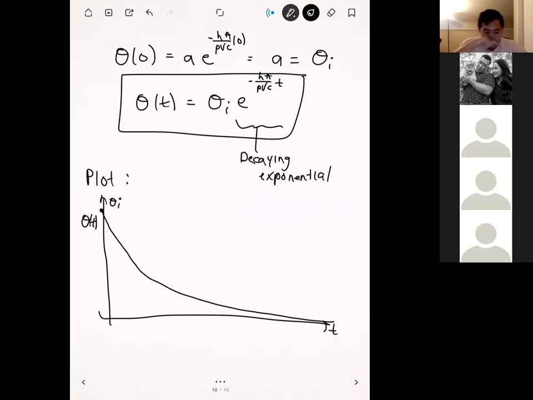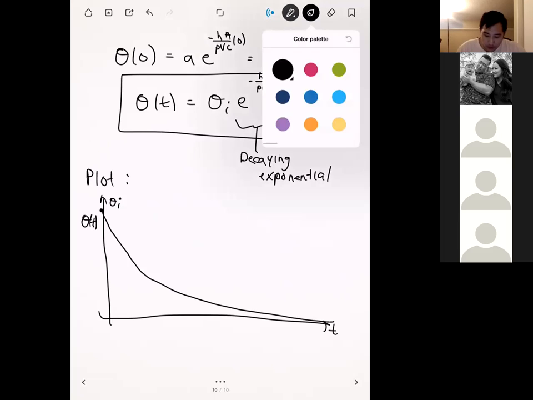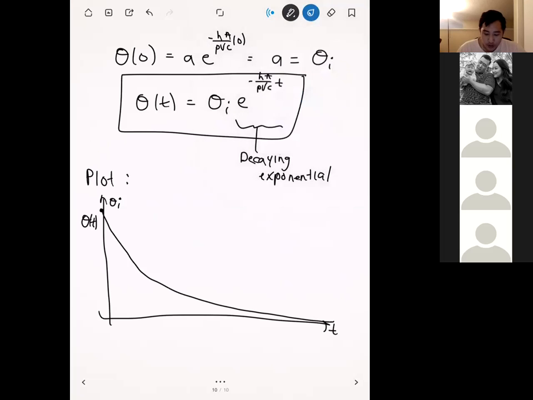Okay. And so even though we have a relatively simple solution here, there's a lot that we can unpack. In particular, what I want to look at is this coefficient in front of the t. Because basically all the physical parameters of the problem, which are the convection coefficient, the area, the density, and all this are packed in the same place.